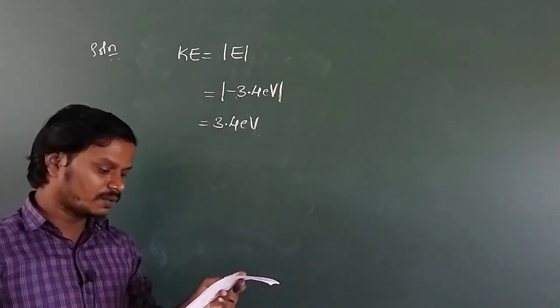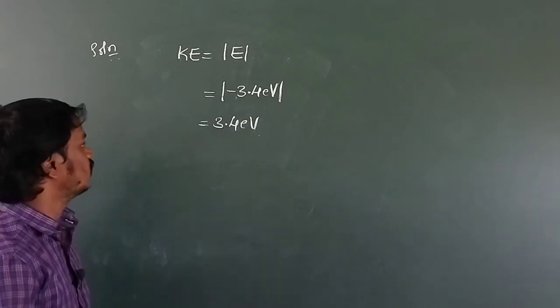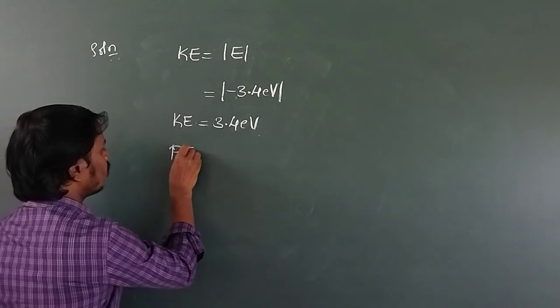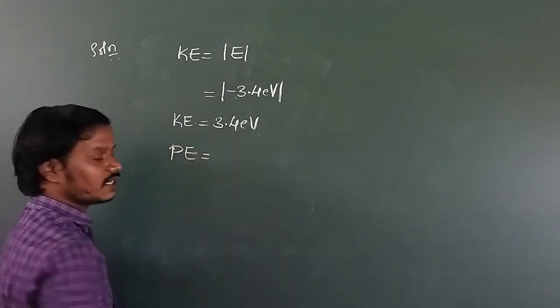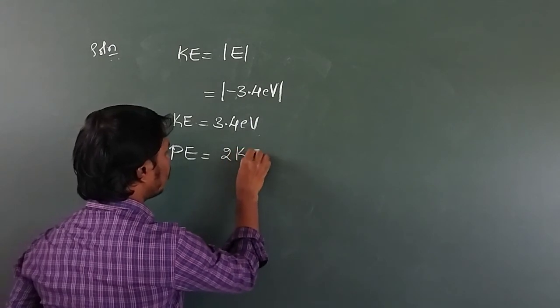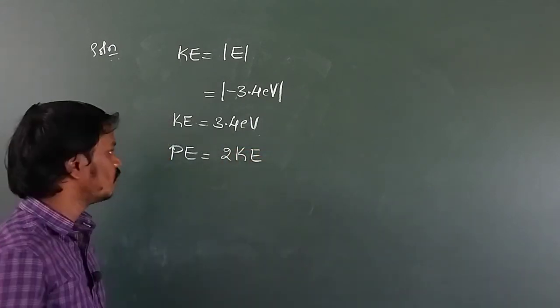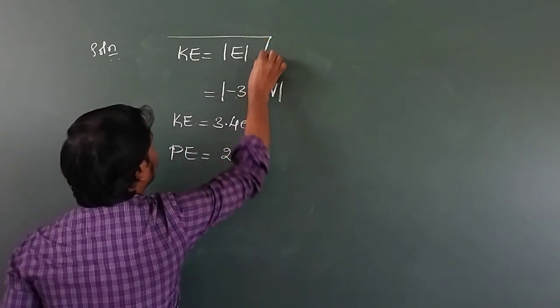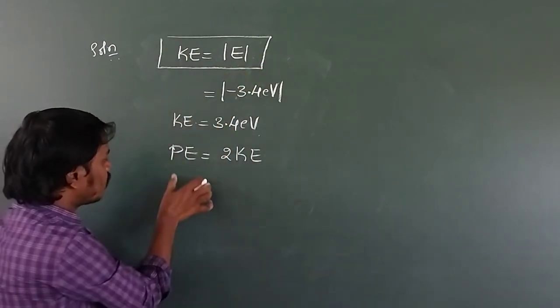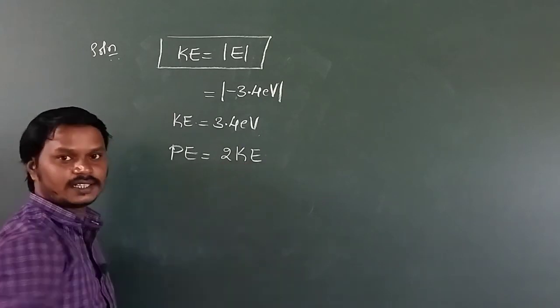And also what we have to find? We have to find the potential energy. See here, potential energy is 2 times of kinetic energy. So remember these two: kinetic energy is equal to the mod of total energy, and potential energy is 2 times of kinetic energy.